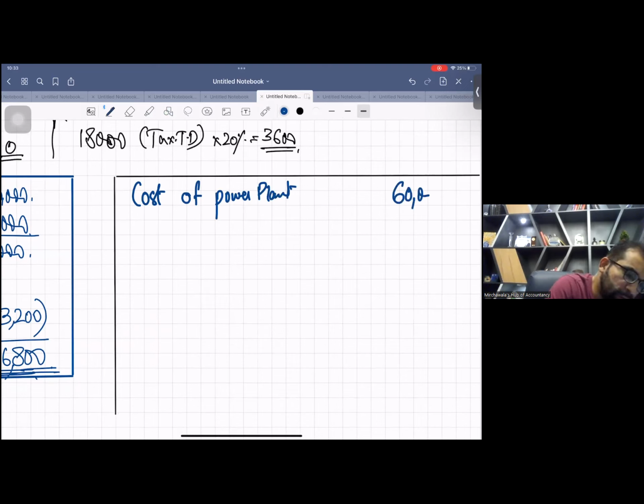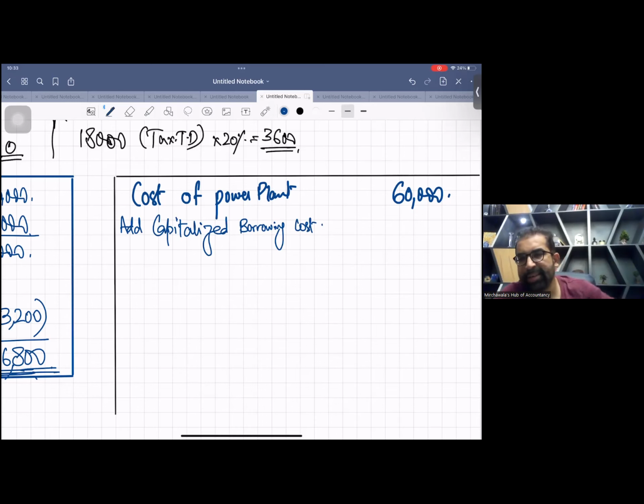$60,000 is the cost of the power plant. Now add capitalized borrowing cost. How many months of interest can you capitalize? Only 4 months.